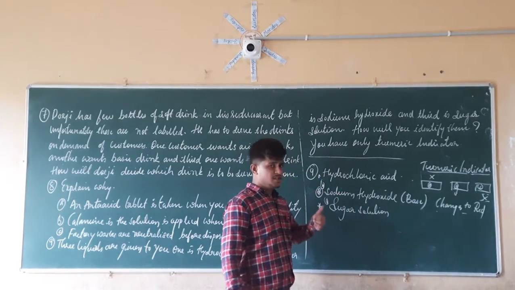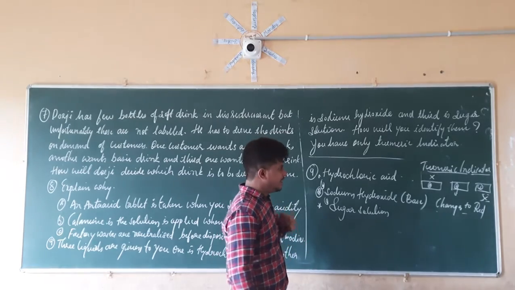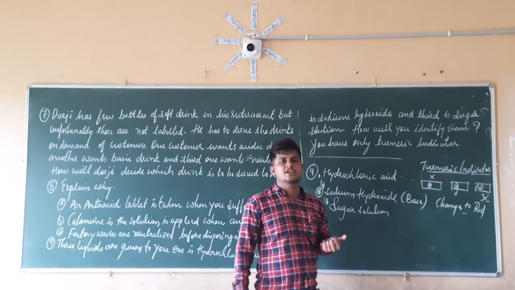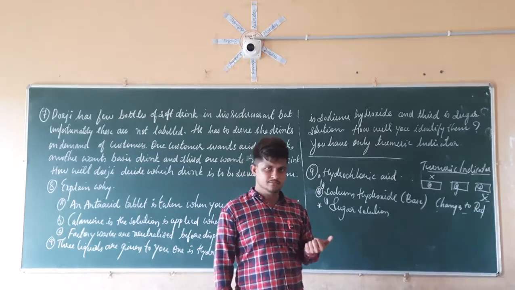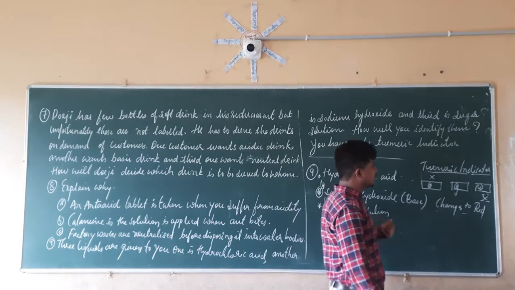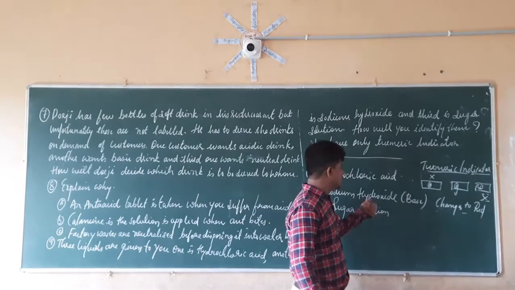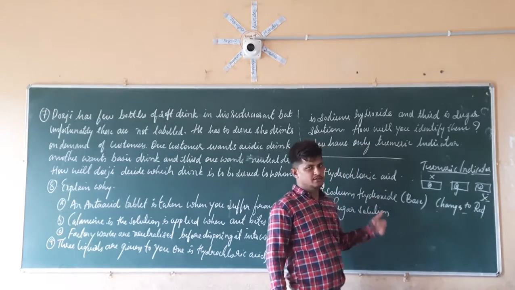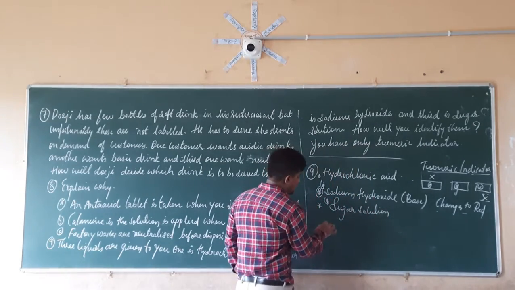In a neutralization reaction, acid reacts with base to give a neutral solution. We already know which one is the basic solution, so we are going to add both solutions to the base.